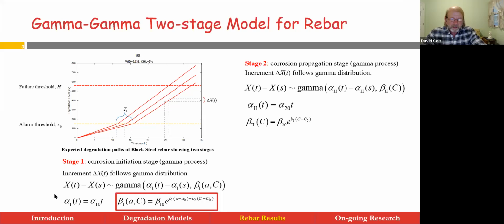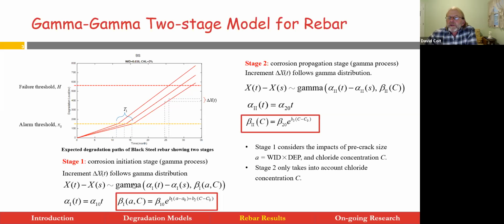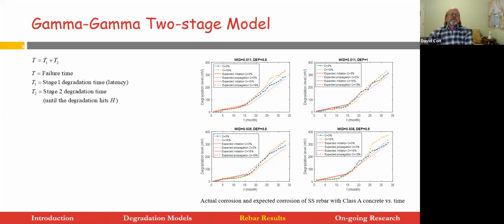Okay, let me go more quickly. Stage two. Stage two, once the corrosion was initiated and we're just propagating, the crack size didn't seem to matter too much, but the chloride did. And so we have this relationship with just chloride. Now we have 4 different graphs here, but this is all stainless steel.